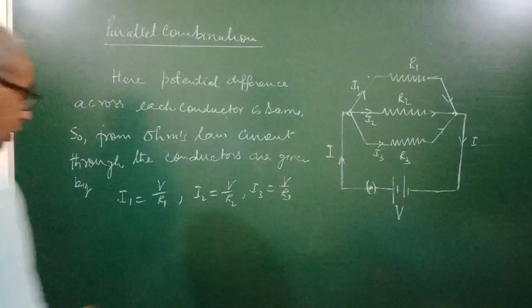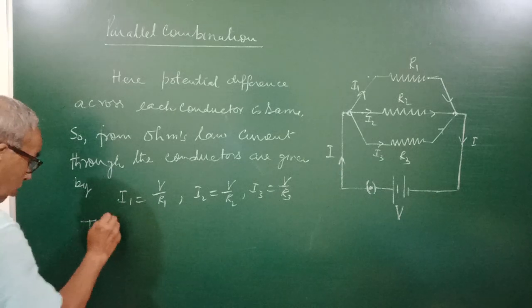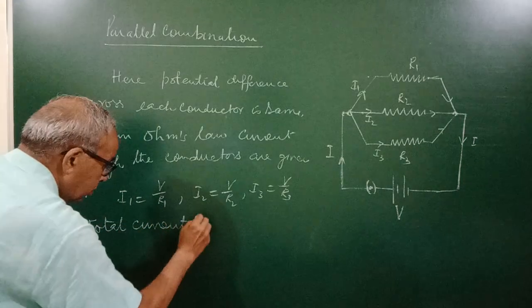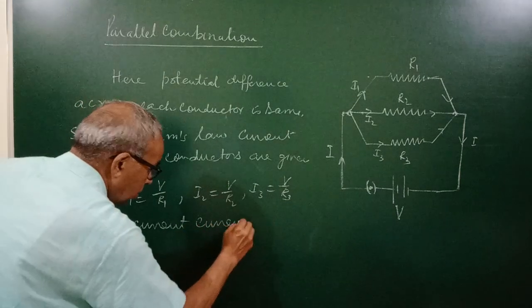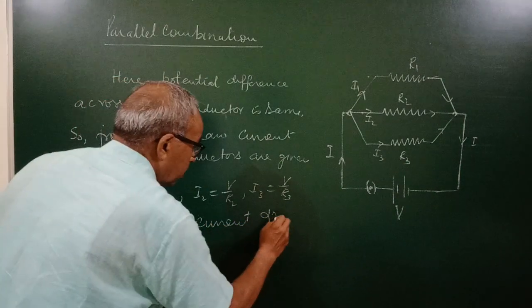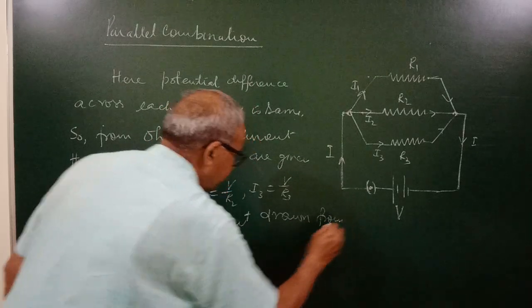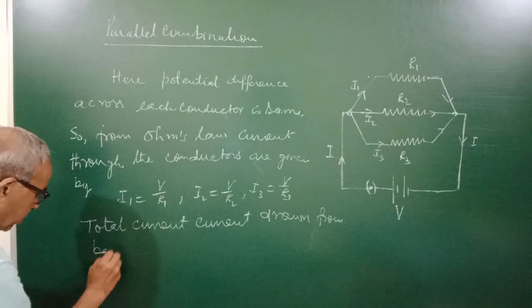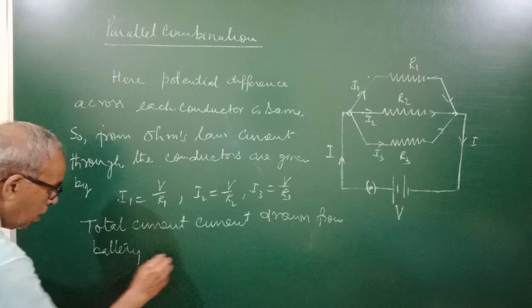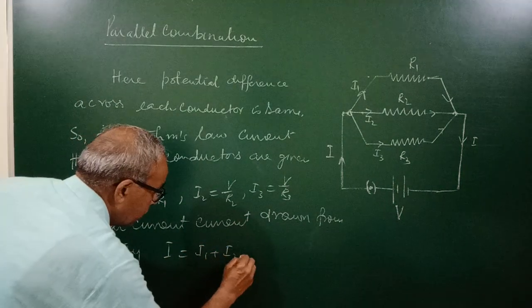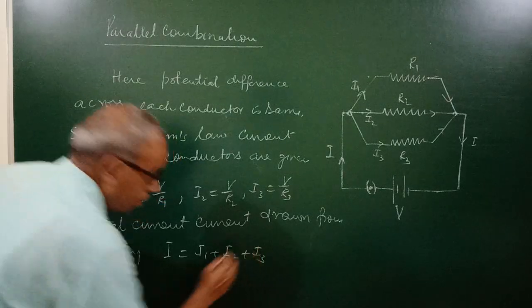So total current drawn from the battery, I equal to I1 plus I2 plus I3.